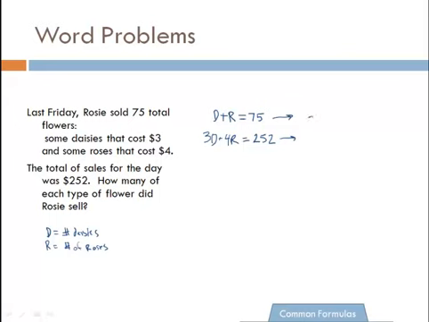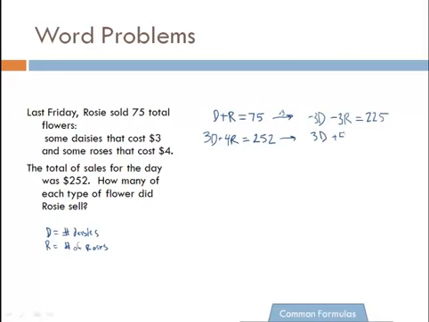So that gives us -3D, -3 times R is -3R, and -3 times 75 is 75, 150, 225. And this bottom equation doesn't need to be changed. Just drag it over here.